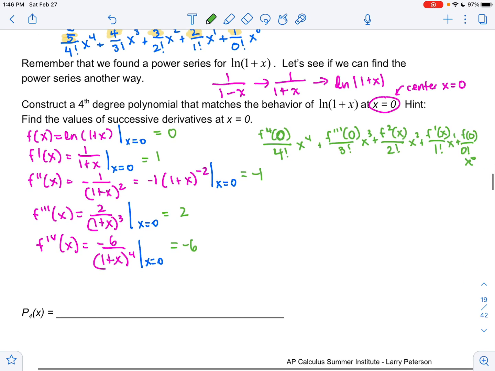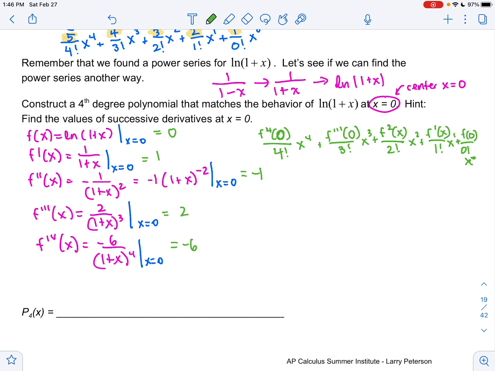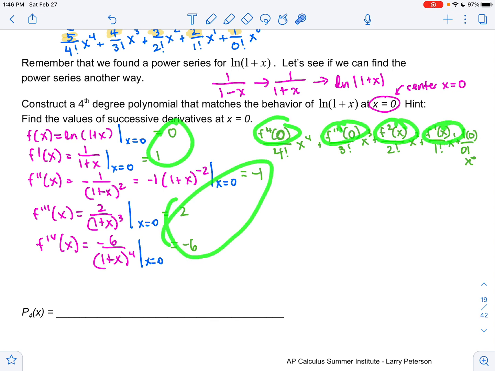Now if we plug everything in, let's keep the green. I kept all of that formula in green, but I'm going to plug in these values into all of the derivatives that you see here.